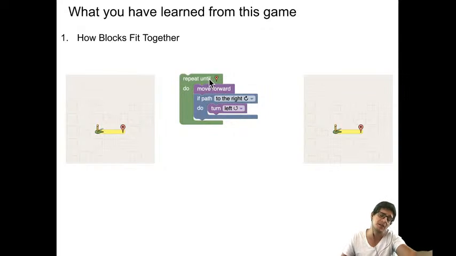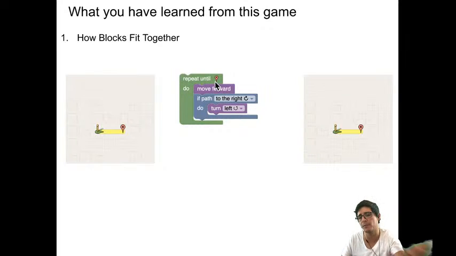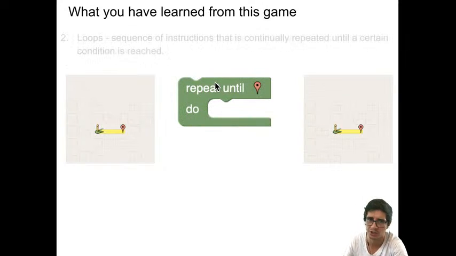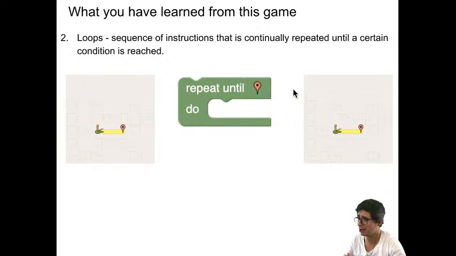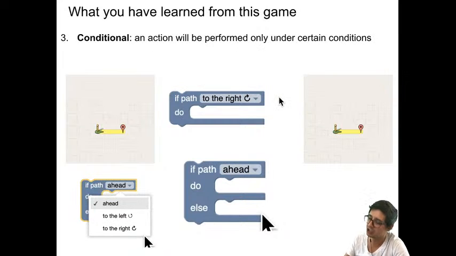If you start at the top, it will do what's at the top and then work its way down. It's a set of directions, and that's how we program computers. We're just giving them a set of directions. We also learned about what loops are, which is when things get repeated until a certain condition is met. We also have conditionals, which are things that only happen under certain conditions, and that's where the name conditionals comes from.